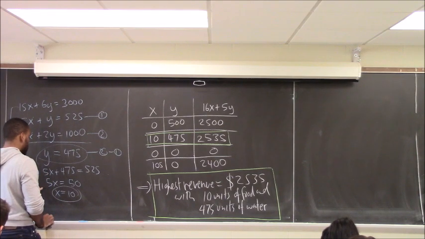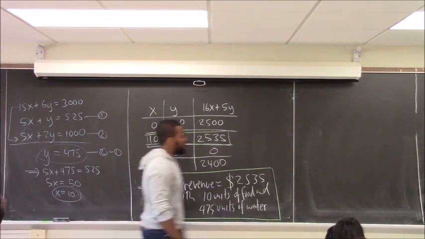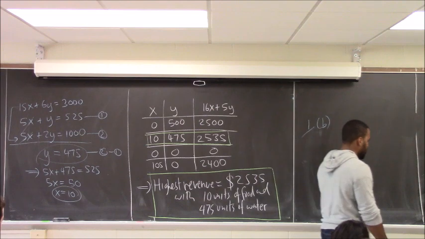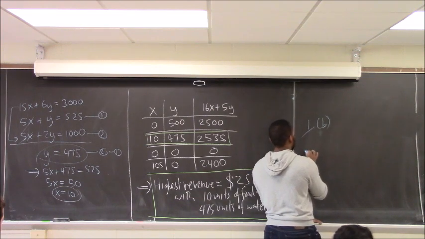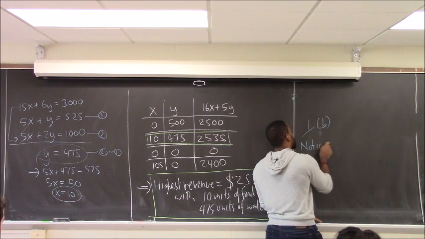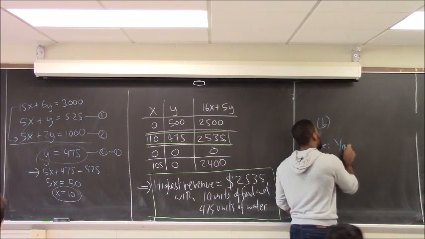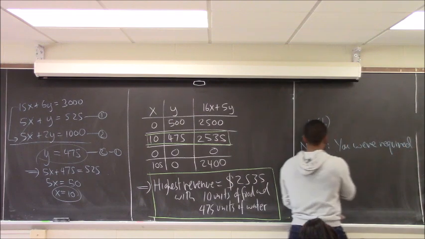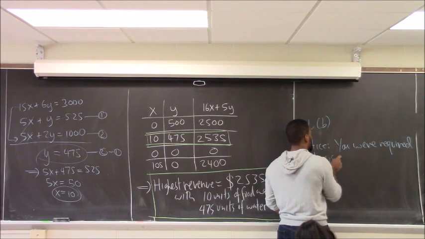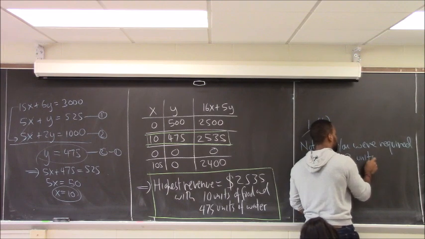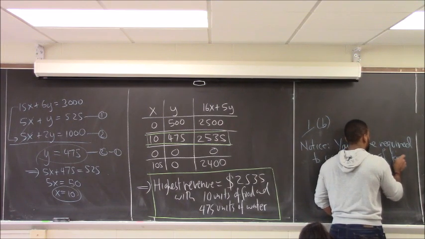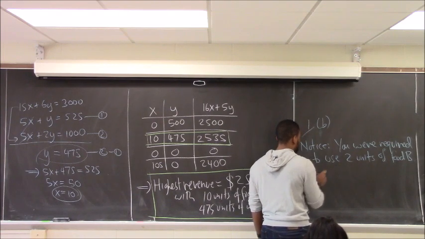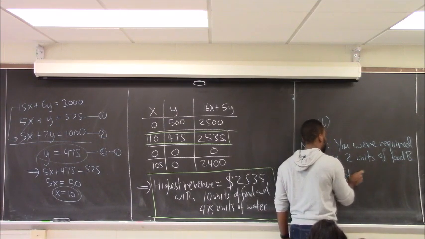So in problem 1, part B, the idea there, I thought I had mentioned, one thing you could have noticed, you were required to use 2 units of food B. But the best situation used 4.